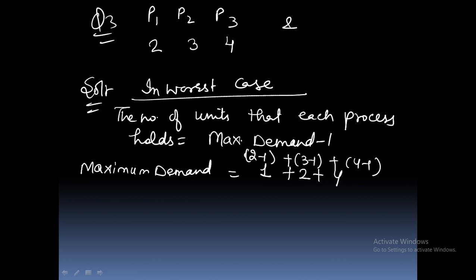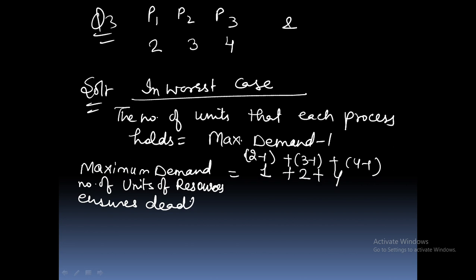The number of units of resource that ensures deadlock is equal to 1 plus 2 plus 3, that is 6.